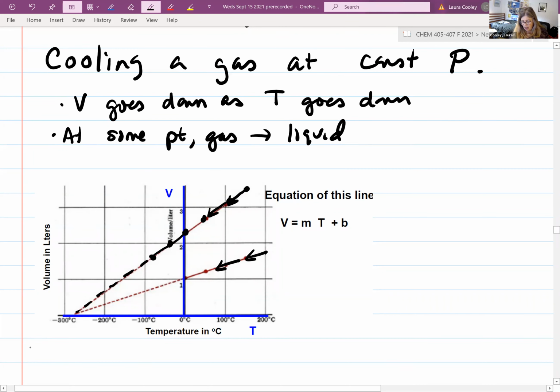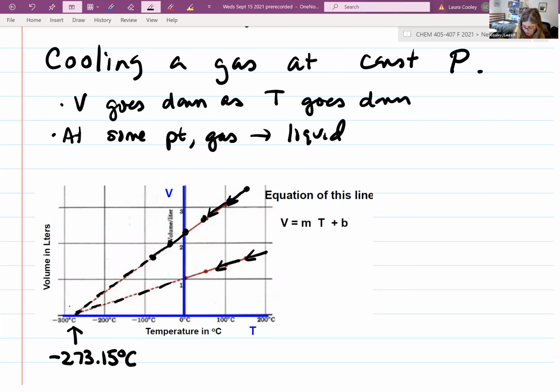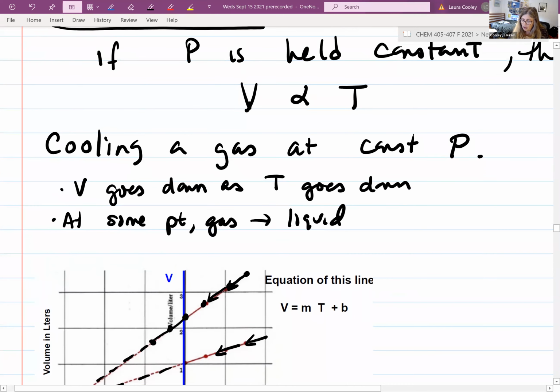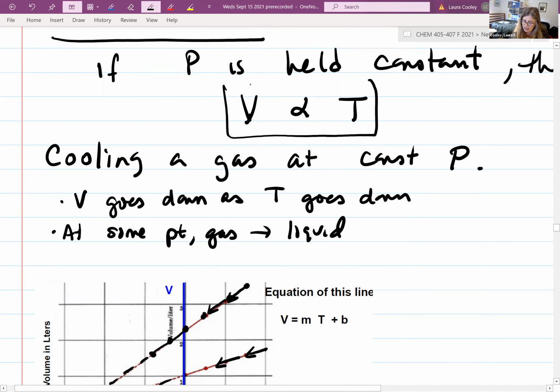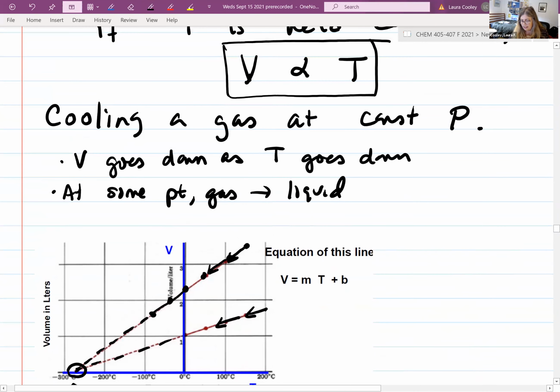If you extrapolate that line and hit the x-axis, it hits it at minus 273.15 degrees C. So now let's say you do it at a different pressure, and then at some point you get liquefaction, and lo and behold, all of these lines of decreasing volume as temperature decreases coalesce at one point, minus 273.15.